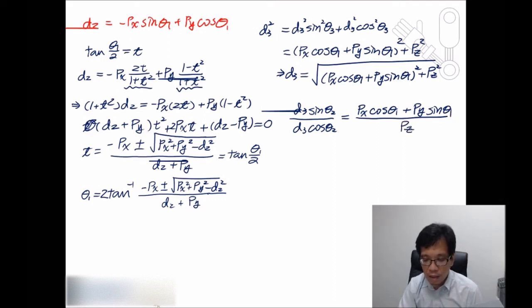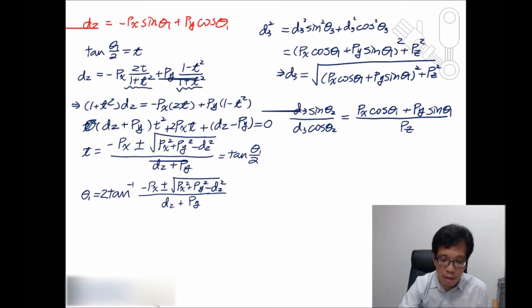Again, px, py, and pz, they are the coefficients, they are the position measured from zeroth frame, and that information should be given in the beginning of the problem statement. Once this is done, d3 can be cancelled, and this term over here is actually tangent theta 2.